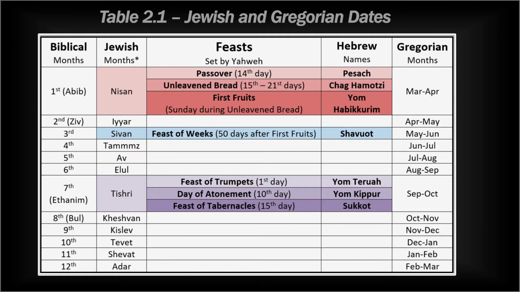The 5th feast is the Feast of Trumpets. It is a one-day feast and occurs on the 1st of Tishri. The Day of Atonement is also a one-day feast and occurs on the 10th of Tishri. The last feast, the 7th, is the Feast of Tabernacles. It is also a 7-day feast and begins on the 15th of Tishri.